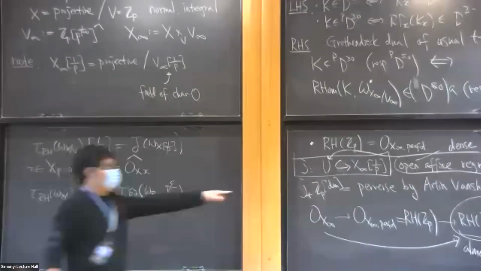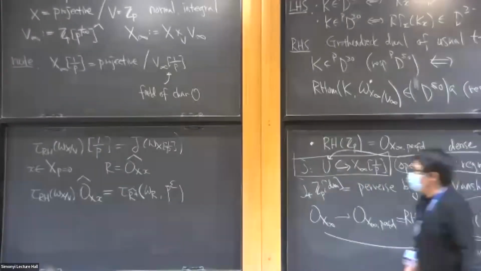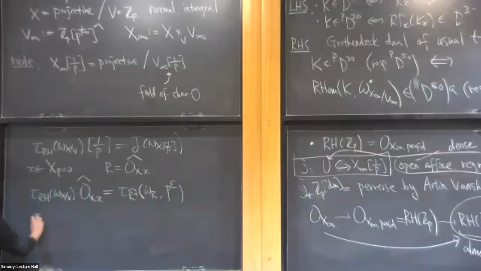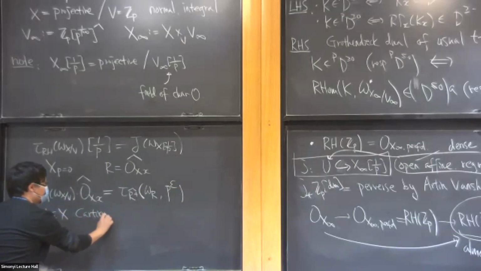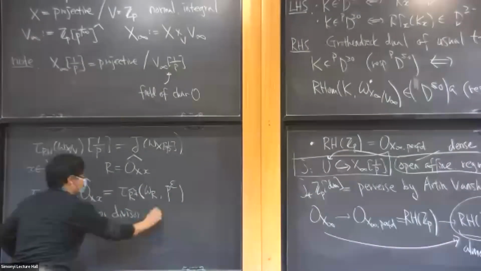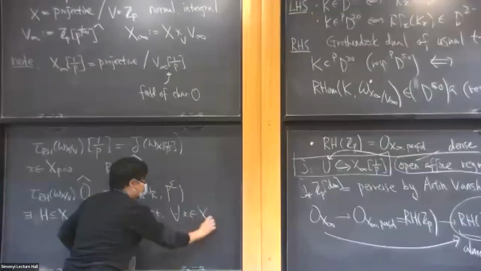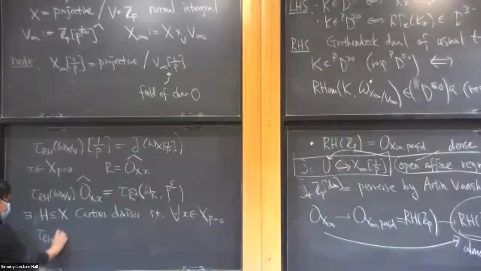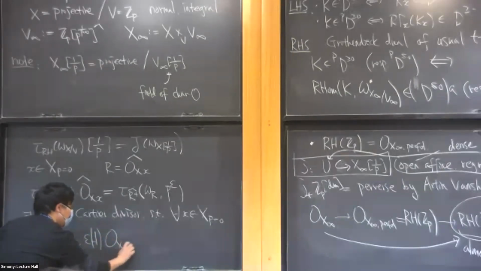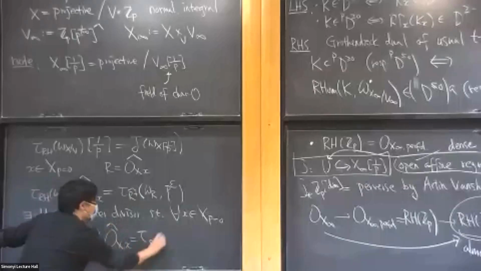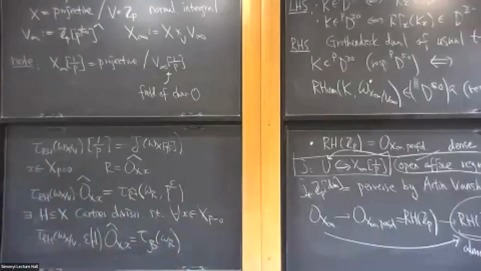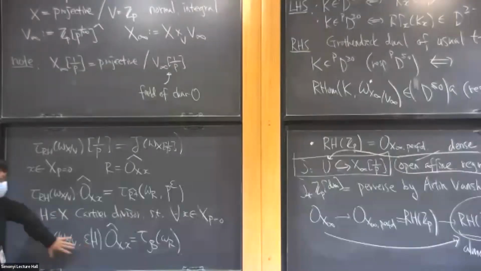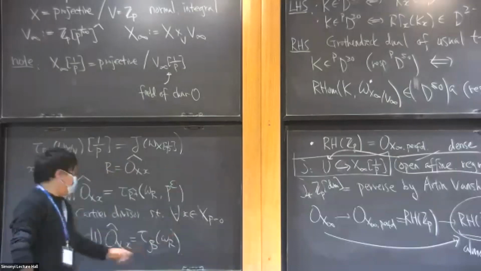If you use this intersection of O_B, that is a different story, so then we have to perturb this side. There exists a Cartier divisor such that for any closed point on the special fiber, if you perturb this a little bit, the completed stalk is equal to tau D. Perturb just means instead of evaluating at 1, you evaluate at this.